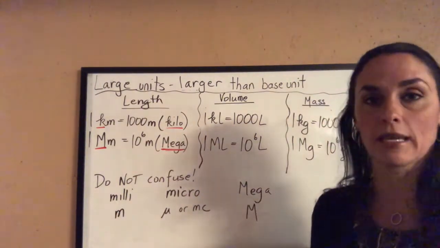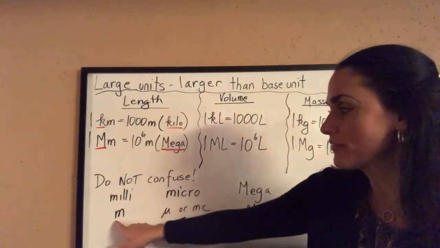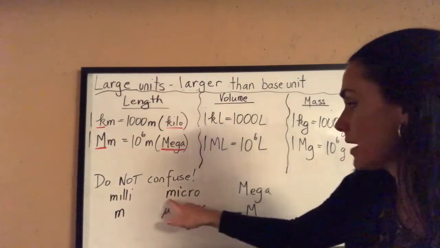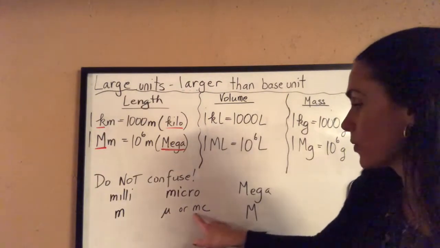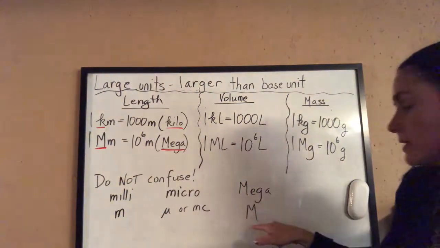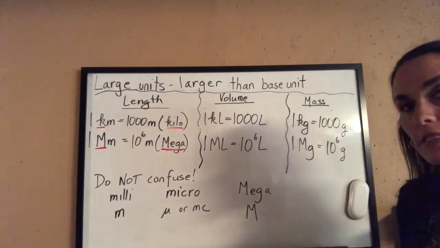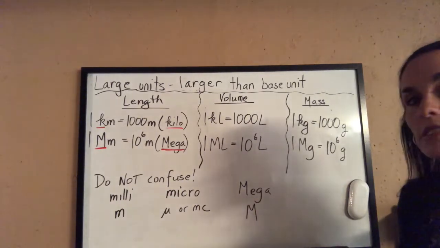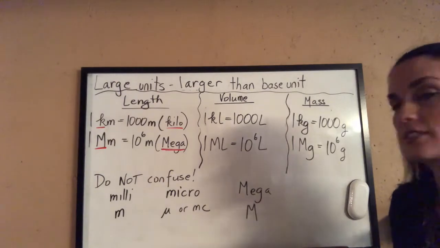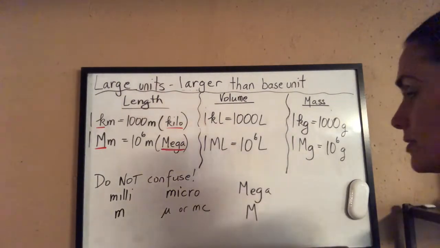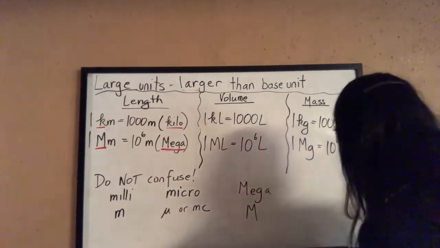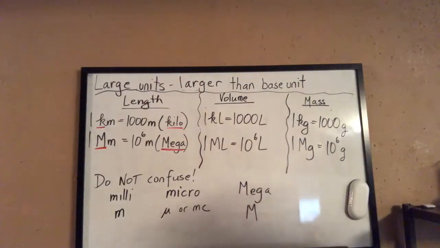Yes, they all begin with the letter M, but milli has a prefix of a lowercase m. Micro is the Greek letter mu, or mc. Mega is a capital M. So when typing or writing, you need to be explicit with the prefix because they all mean different things in different amounts, and you need to be cautious of the way that it's printed or typed.